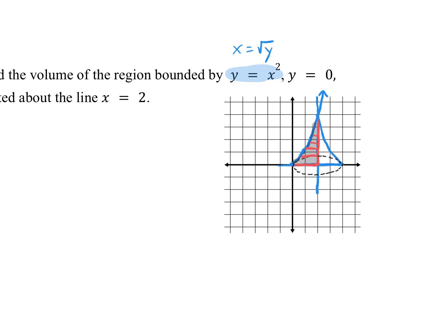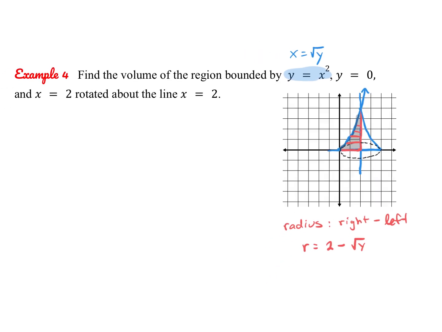For our radius here, again, we want to make sure it's positive. So in this case, our radius is 2 minus the square root of y, which represents the width at any given height. So that's why we rewrote this as x equals square root of y.